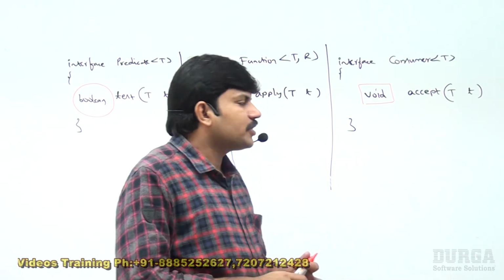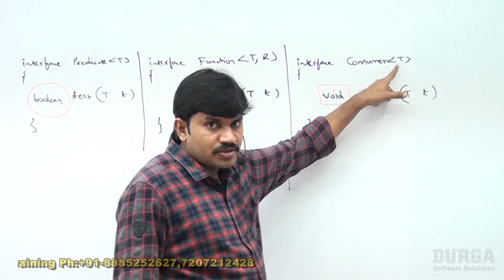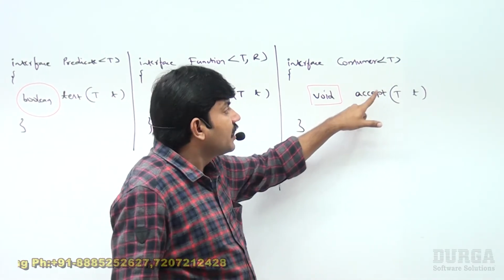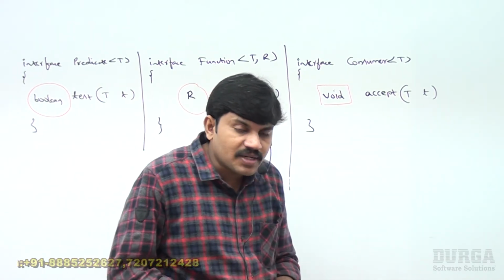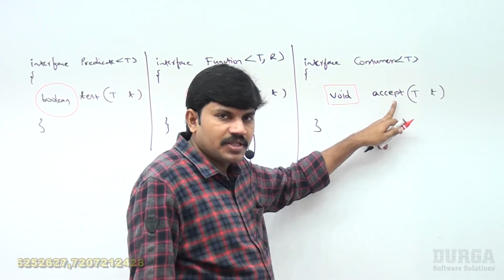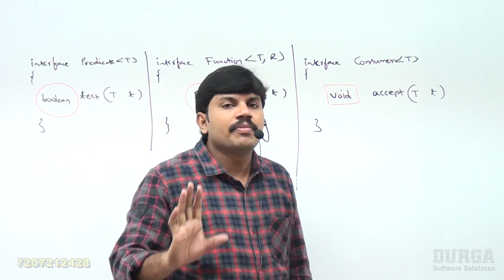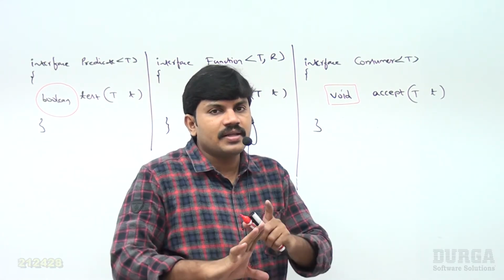I will go for a small example for this Consumer. How many type parameters does it take? One type parameter. Which method does the Consumer interface contain? Accept is the method. It's the functional interface. What is the return type of the accept method? Void, because the accept method won't return anything.